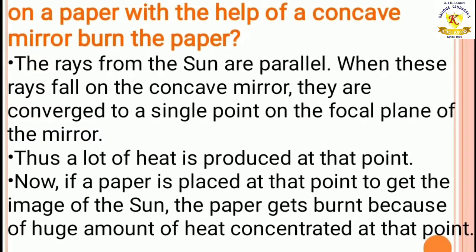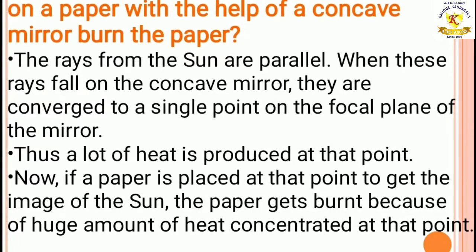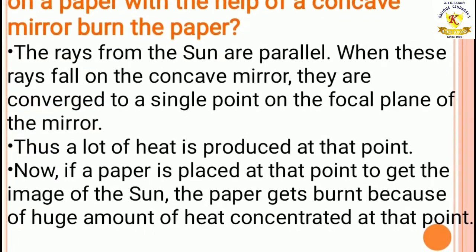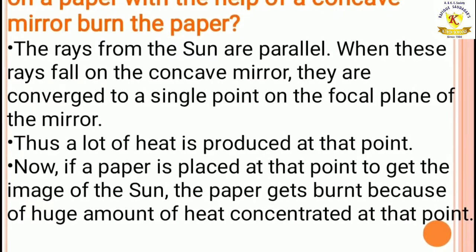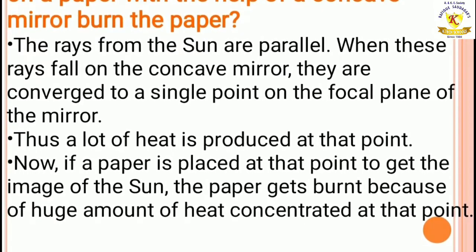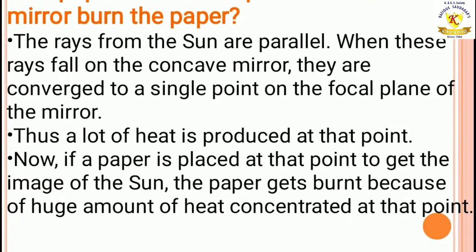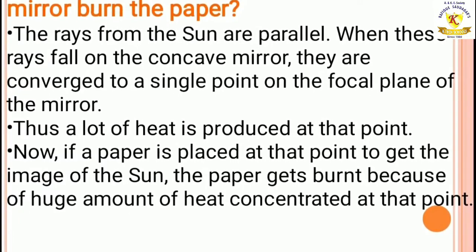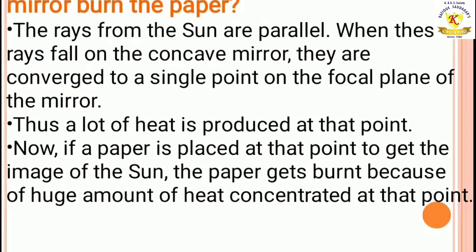Thus, a lot of heat is produced at that point. Now, if a paper is placed at that point to get the image of the sun, the paper gets burnt because of the huge amount of heat concentrated at that point. Understood why it is so?